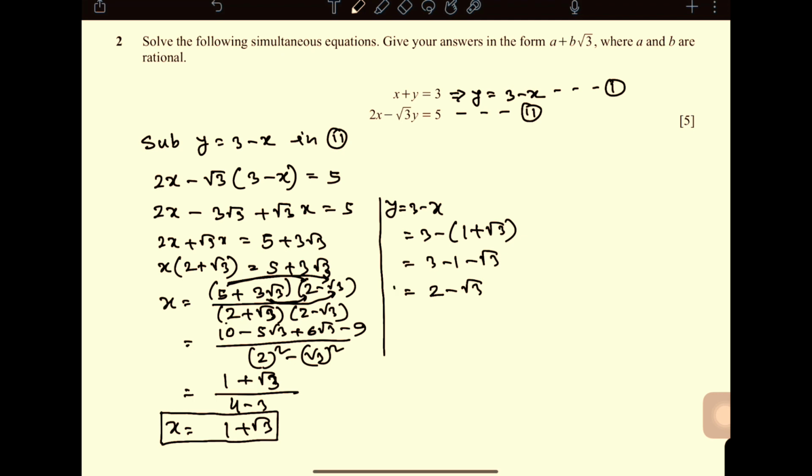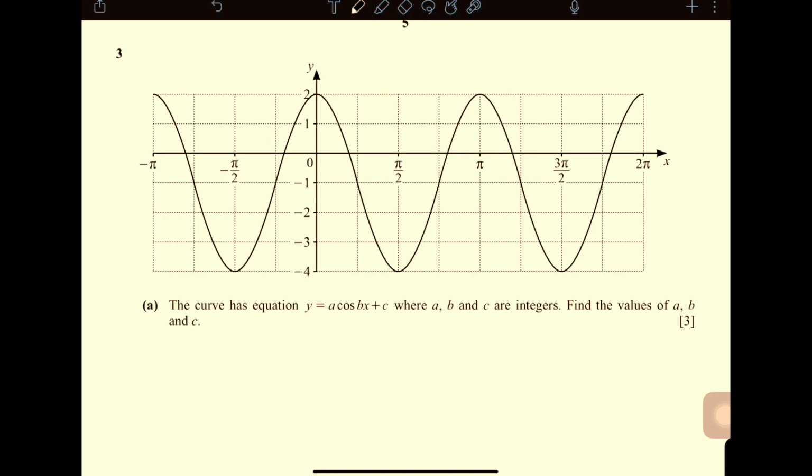So we have got x equals 1 plus root 3, y equals 2 minus root 3.